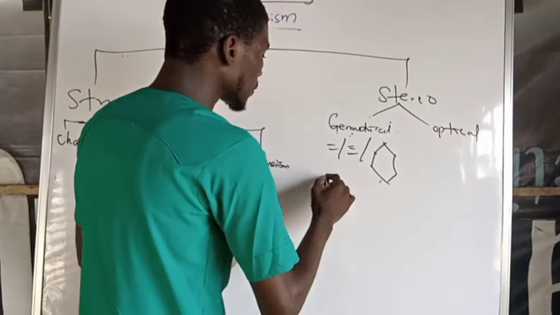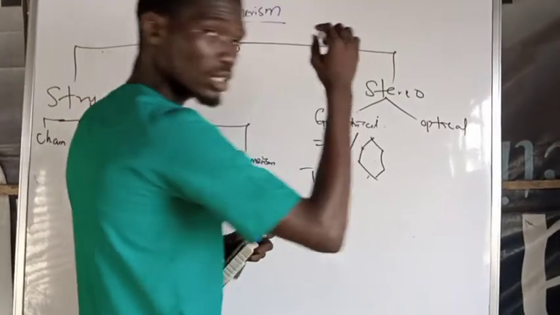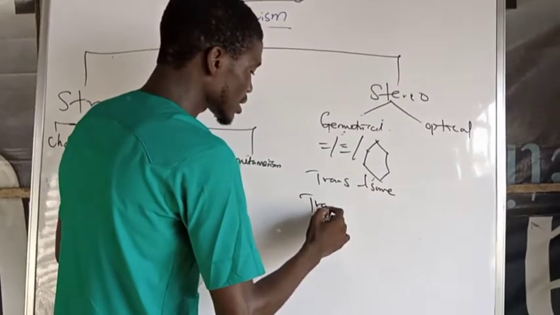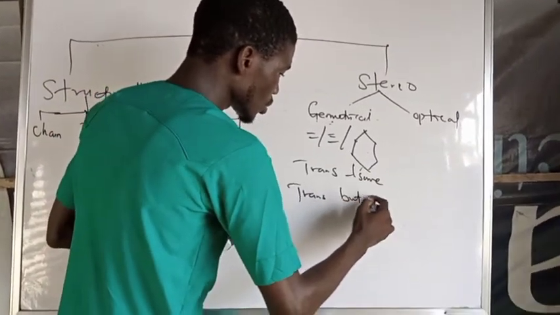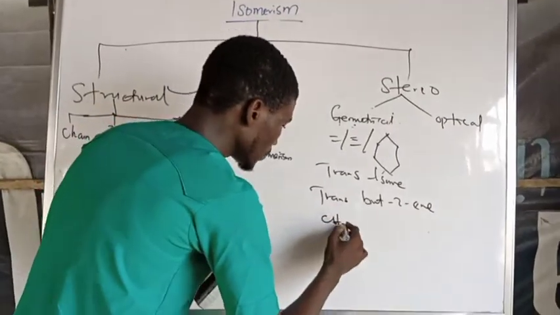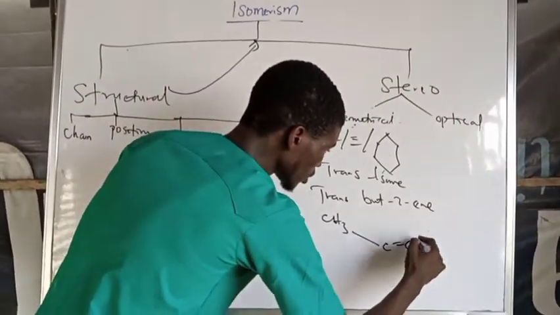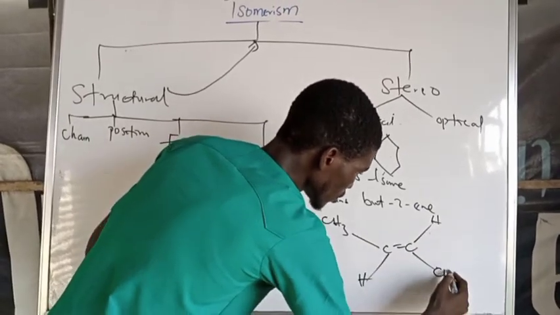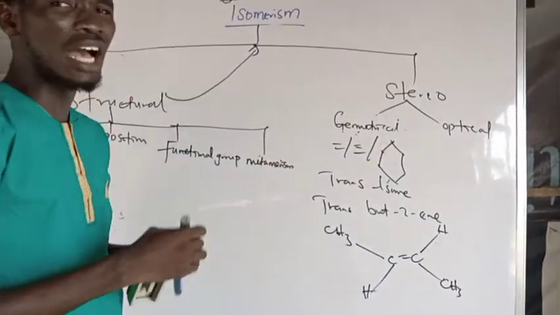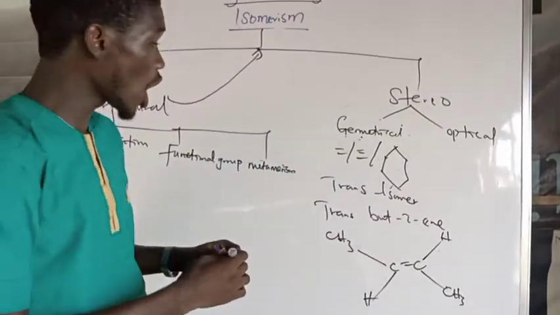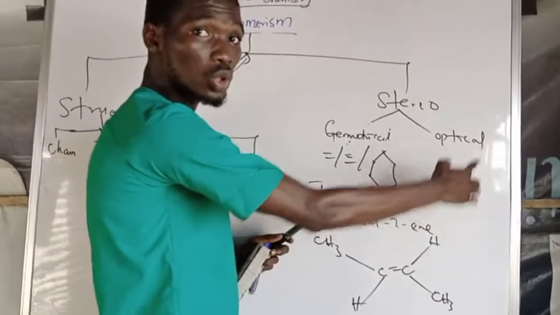So an example of a trans isomer is called trans but-2-ene. So we have CH3 and our double bond. This one is a good example of a trans isomer. It is called trans but-2-ene.